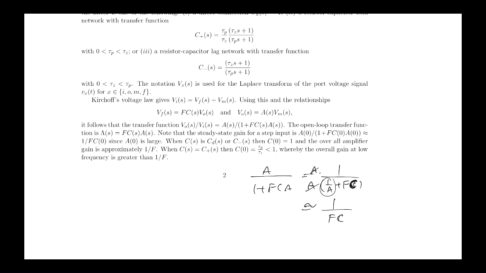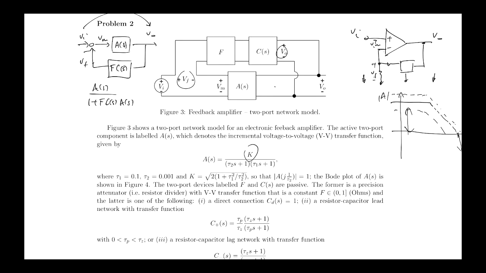All right, but F, because it's coming from a resistor divider network, will always be a number between 0 and 1.